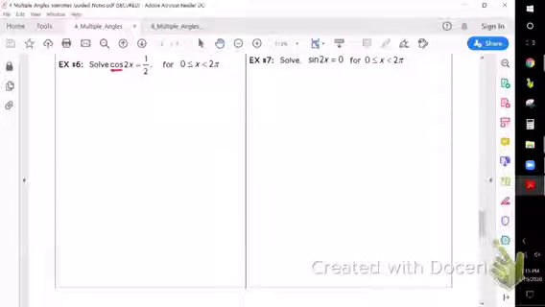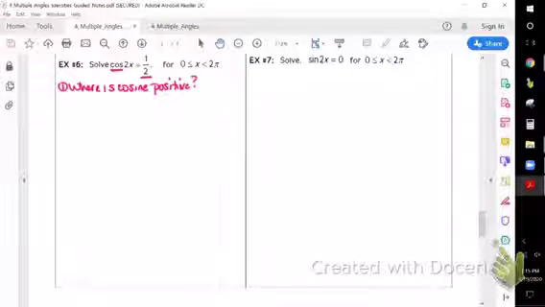So I need to know where cosine is. First I'm going to look and say, where is cosine positive? And we know that's going to be in quadrants 1 and 4. So I'm looking for a quadrant 1 angle as well as a quadrant 4 angle.